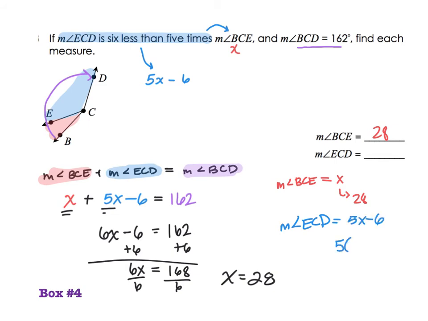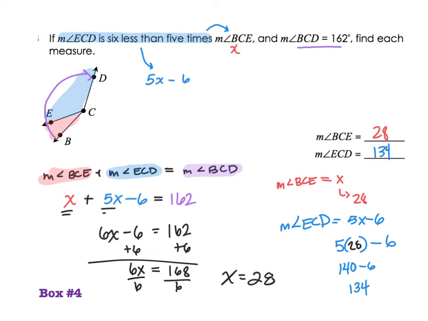Means I'm substituting the x with my x value, which happens to be 28. Right? So 5 times 28 equals 140. So I have 140 minus 6, which gives me 134. So measurement of angle ECD equals 134.